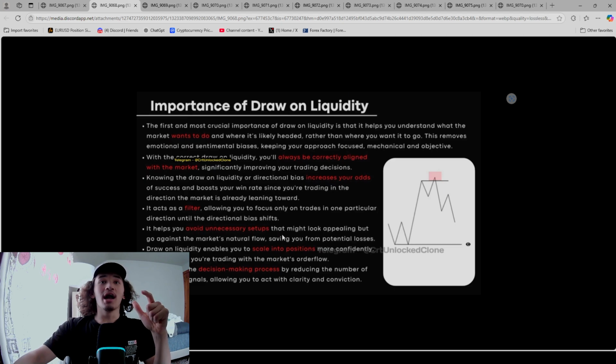It helps you avoid unnecessary setups that might look appealing at first, but go against the market's natural flow, saving you from potential losses.